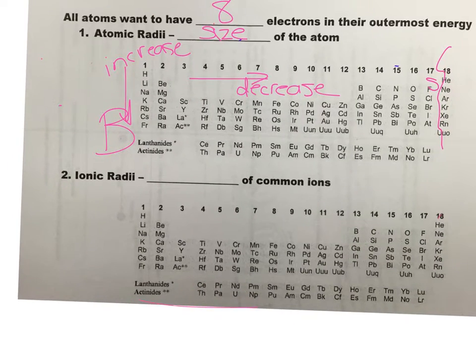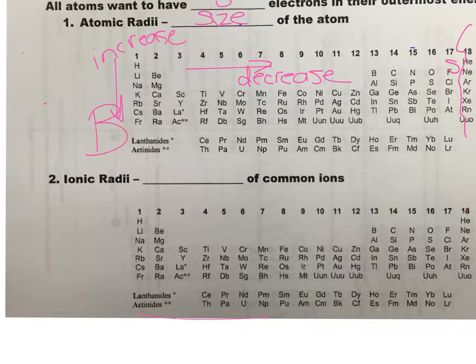All right, for ionic radius, this is the size of common ions, okay? I want you to put your little metalloid squiggly right there. It doesn't have to be perfect, I don't care. But within this, remember, you have a small corner and a big corner. Here you have a small corner and a big corner.